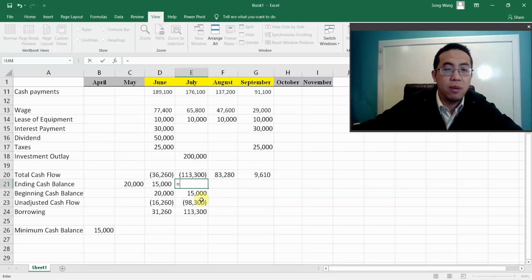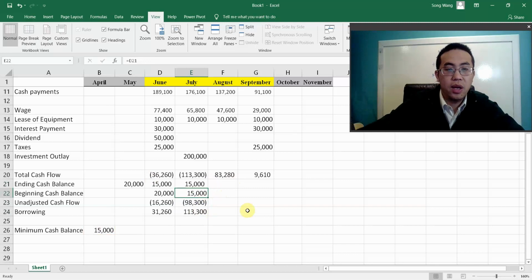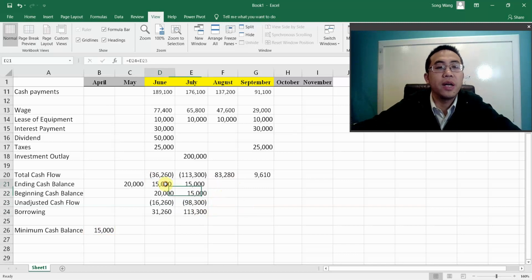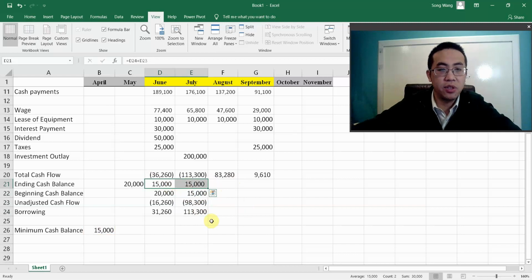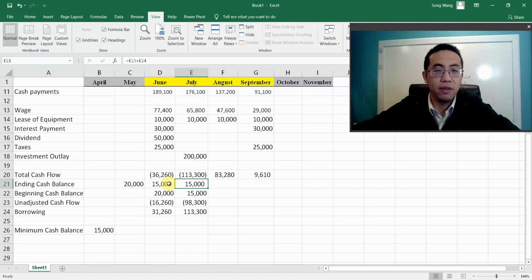If I add these two numbers together, this will add up to $15,000. So my goal is met, and I listened to my bank. I said, hey, Mr. Banker, you see at the end of the month, I have just enough money to feed my people, $15,000 as you require. So I'm not milking my property here.